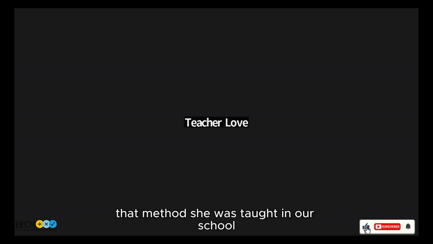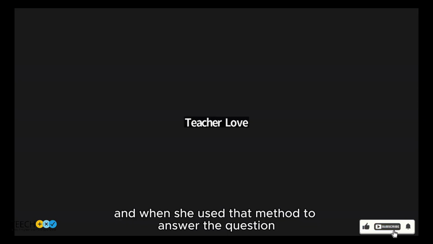Okay, so she said I was using the method she was taught in her school, that she prefers the method she was taught in her school. And when she used that method to answer the question, she didn't get it, because after the class I used the mark scheme. When I wanted to mark the submission, I compared our questions.